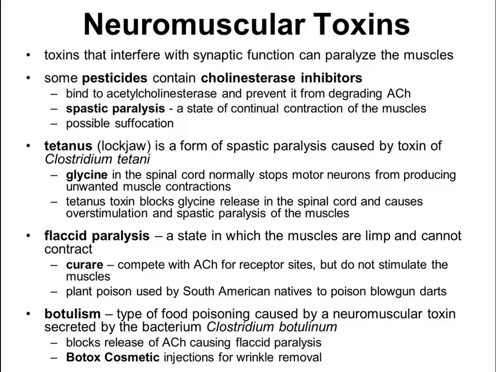Because that enzyme needs to break it down so that relaxation can occur. But if it can't degrade that acetylcholine, you can have what it's saying here, a spastic paralysis, a state of continual contraction. This could cause suffocation, depending on which muscles are continuously contracting.